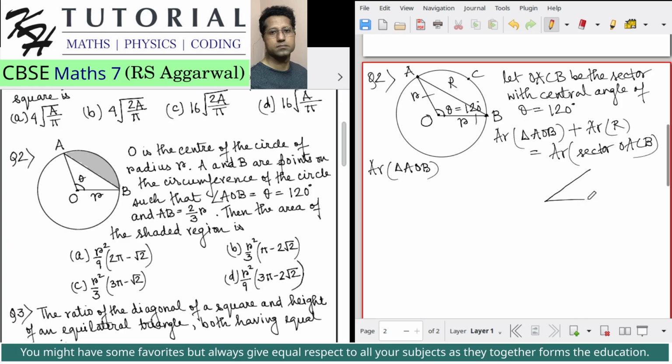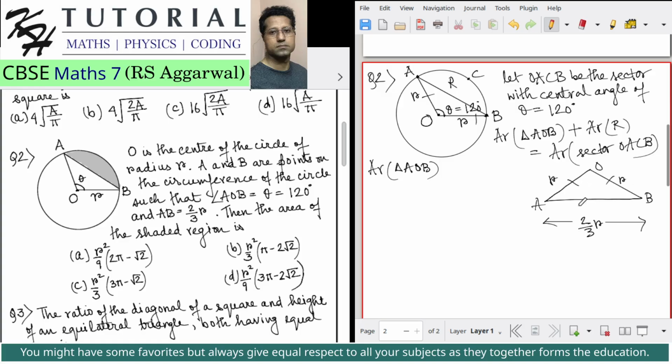If I draw the triangle OAB, AB is given to be 2 by 3 R, and the other two sides are R and R.